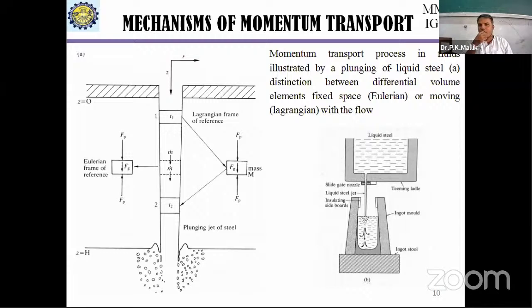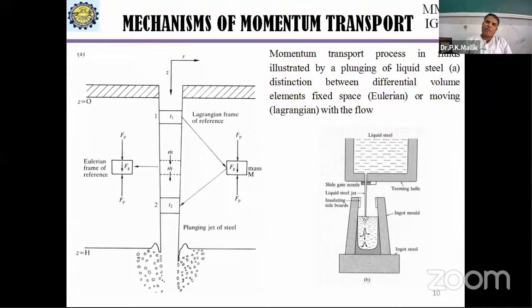But in metallurgical processes, whenever you supply fluid and flow takes place, there are so many things. For example, there is mixing of alloying elements, and there is also simultaneous transport of heat. The mixing of alloying elements means mass transfer, like segregation.